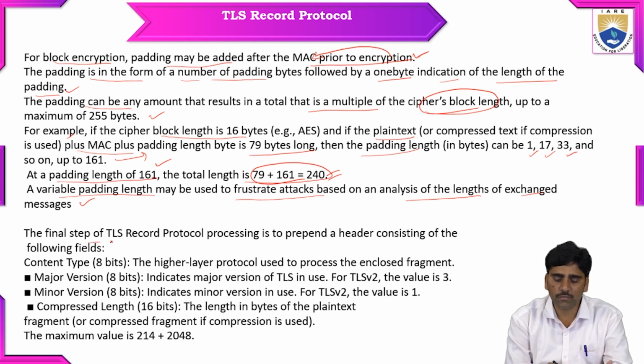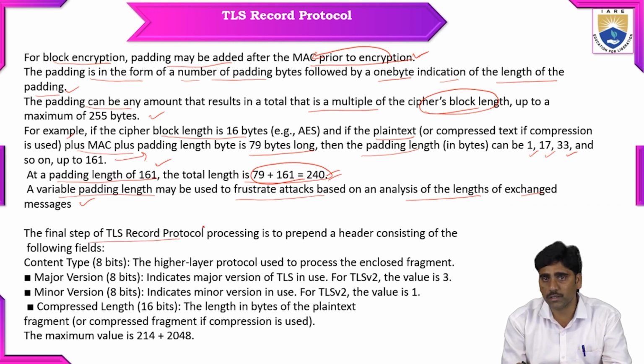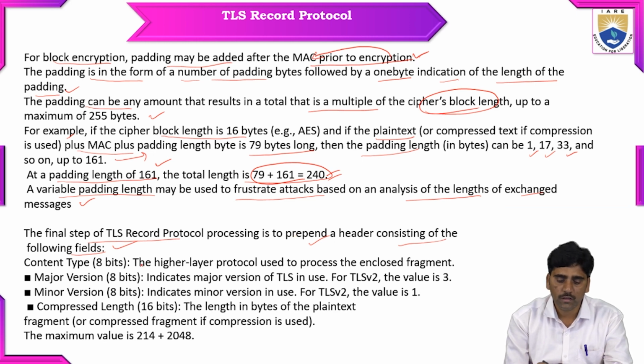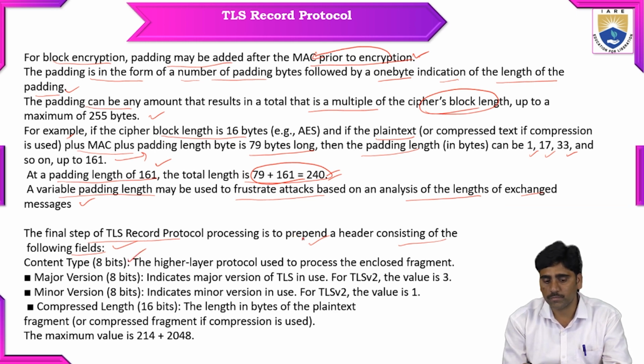The final step of TLS record protocol processing is to prepend a header consisting of the following fields. What are those fields? First one is content type, the higher layer protocol used to process the enclosed fragment.